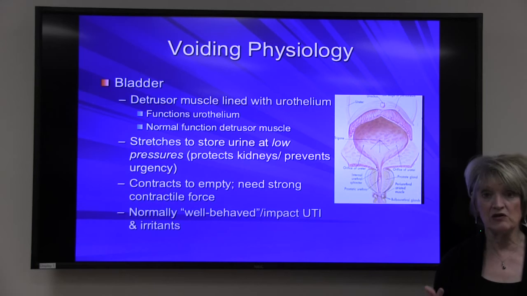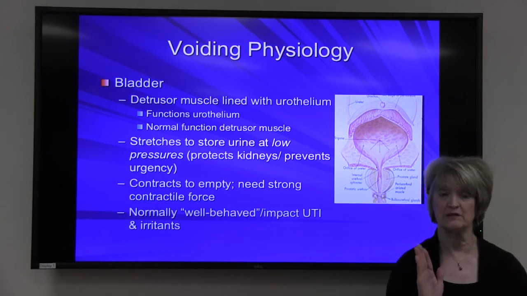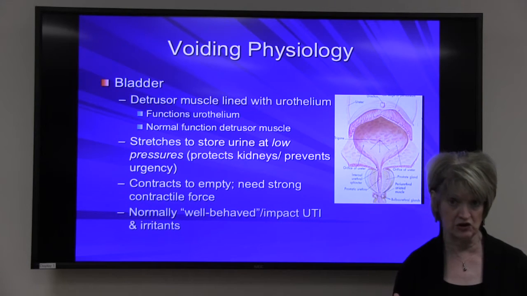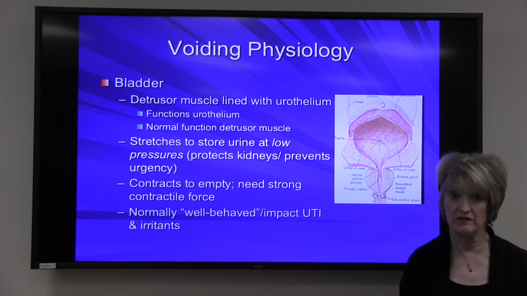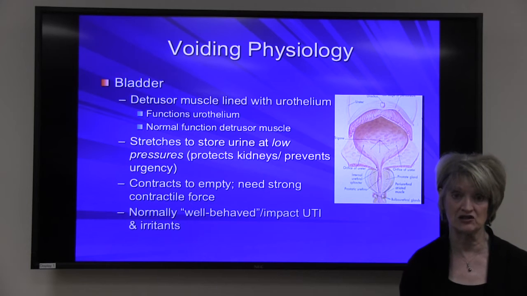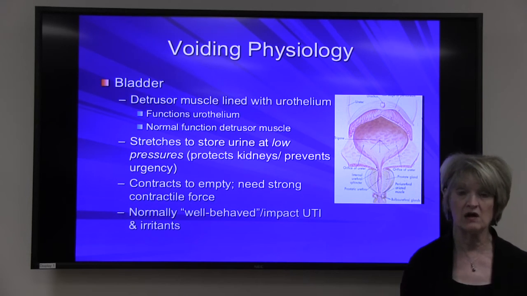And that urothelium actually has several functions. First of all, it creates a barrier between urine and all of the components in the urine and the bladder wall itself. So if there are irritants in the urine, they never reach the cells of the bladder wall because of the urothelium. It creates this mucoid layer that actually separates bladder contents from bladder wall.